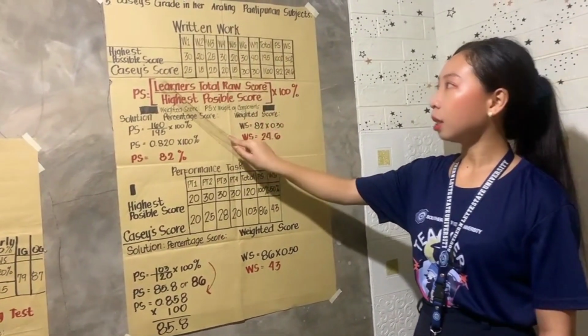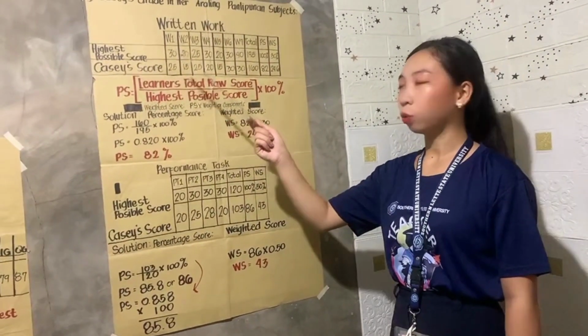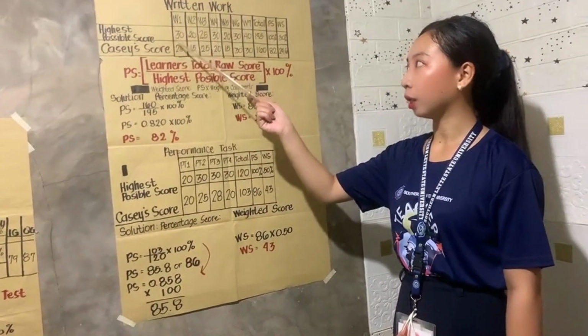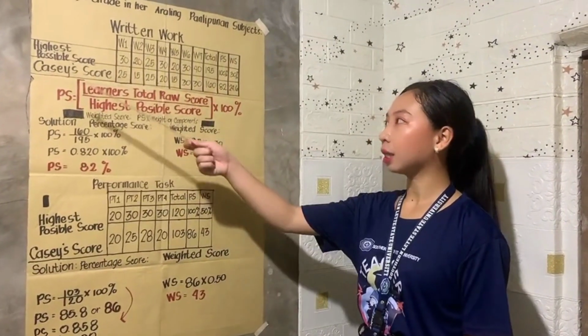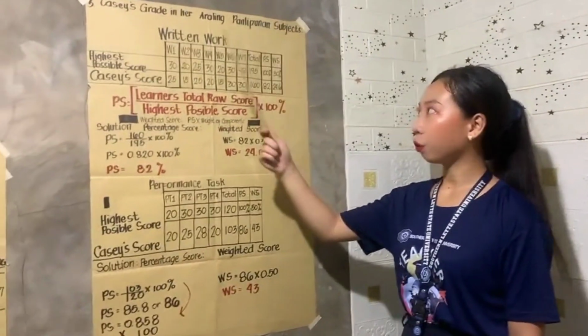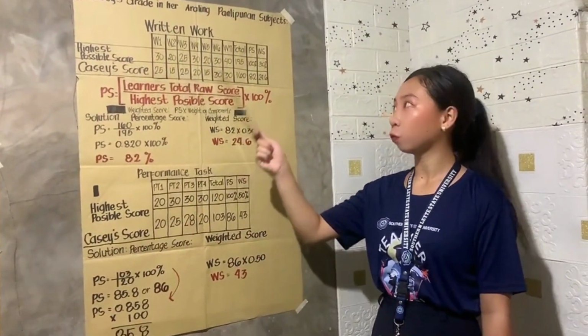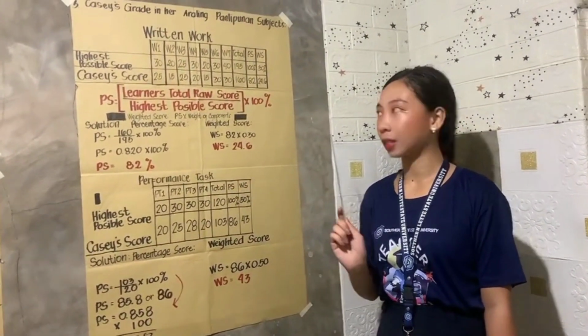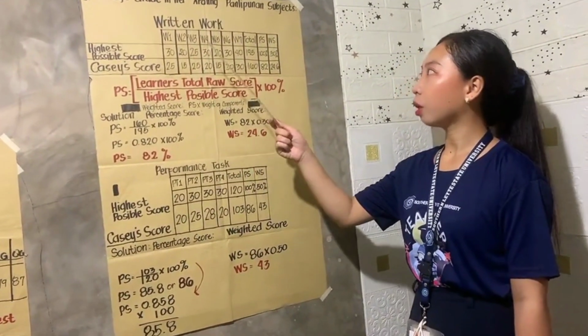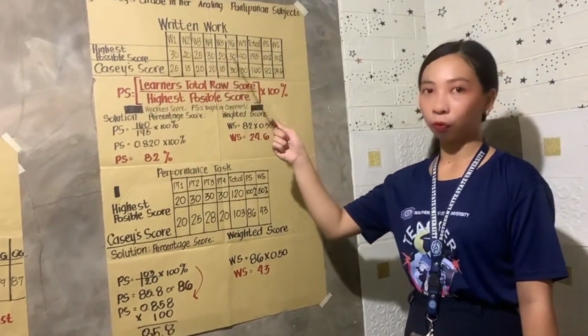And Cassie's score for written work 1, she got 20 points out of 30. Second, Cassie got 15 out of 20. In the third written work, she got 25 out of 25, which is the perfect score. In the fourth one, she got 20 out of 30.